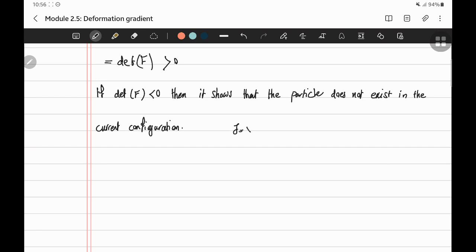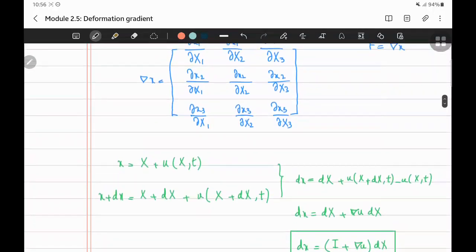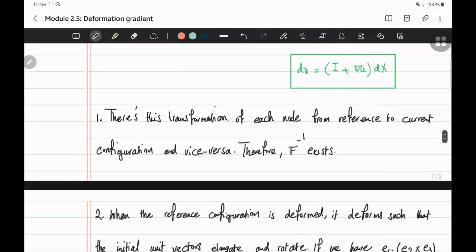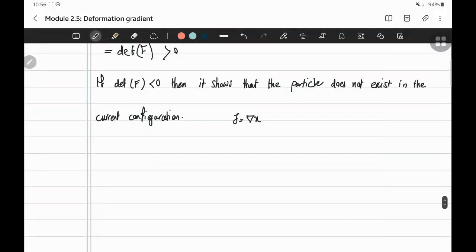Jacobian is nothing but this del x in your finite element course. It is this kind of representation of the deformation. So that's why we say that we don't want the Jacobian to be negative. Therefore, it won't exist in the current configuration.